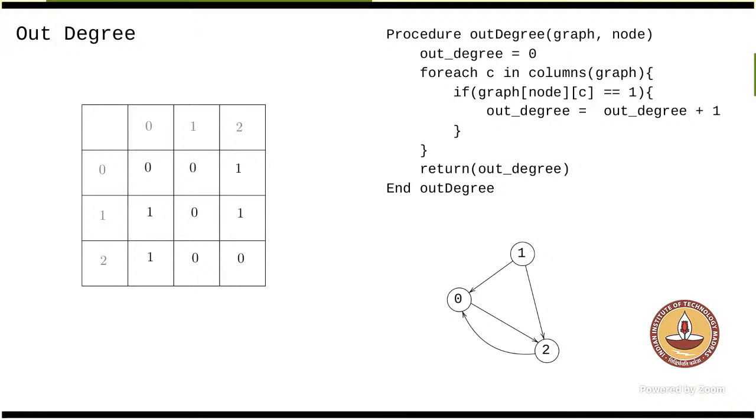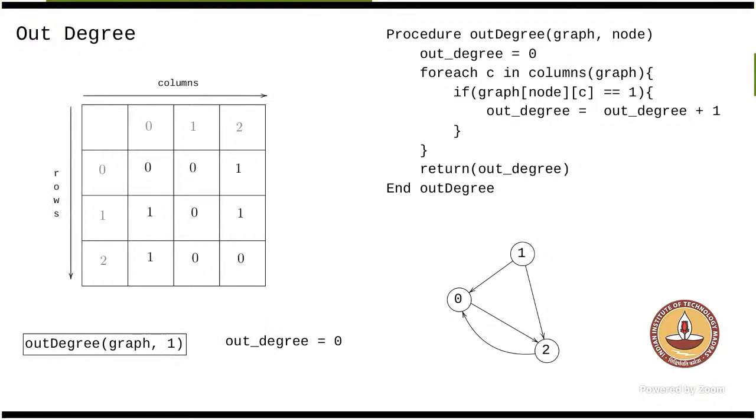So I'll just show this one example and it will be clear. See, these are the columns and these are the rows. Here we are at a particular row, row 1, and then we are going one column at a time.